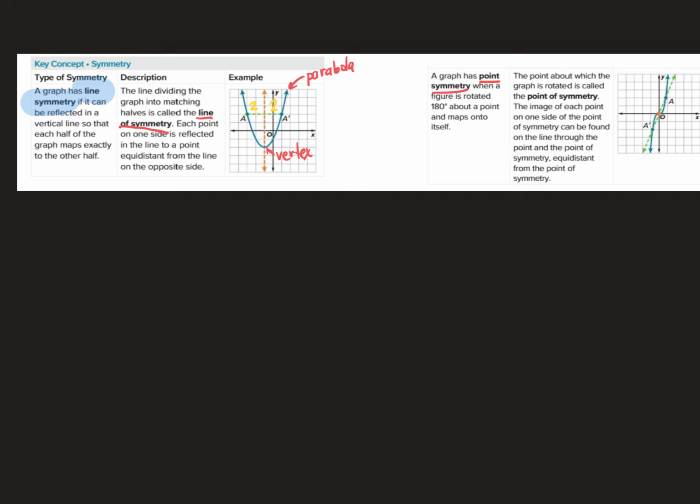So this graph has point symmetry because the image of each point on one side can be found on the line through the point of symmetry, equidistant from the point of symmetry. So a cubic function has point symmetry, and a quadratic, a parabola specifically, has line symmetry.